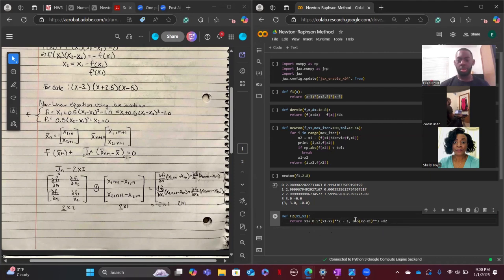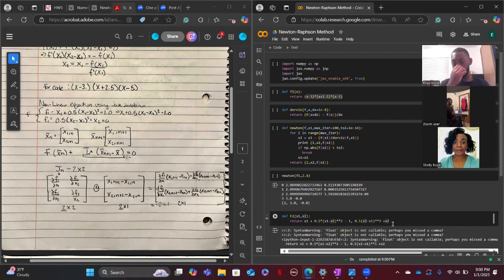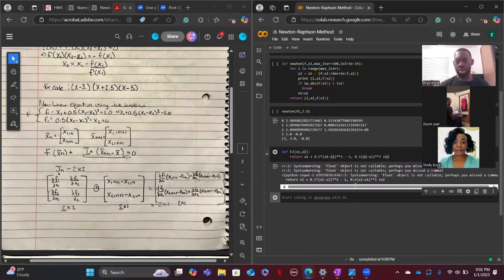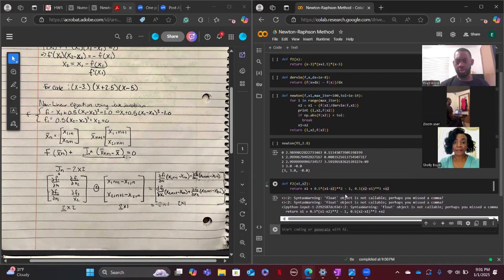So here's our first function. Pretty straightforward. We use both our functions together. Shift enter. Float is not callable.